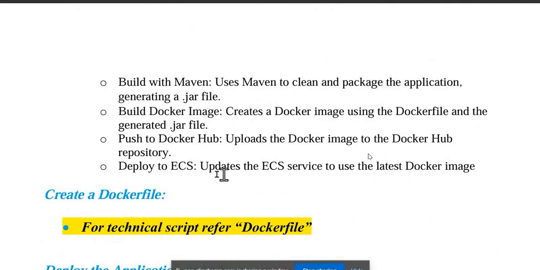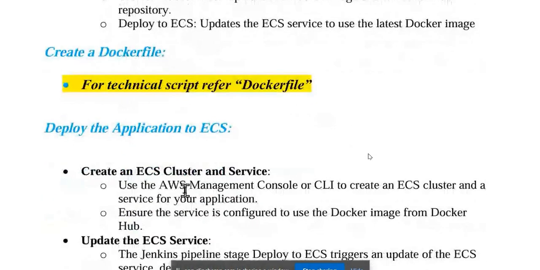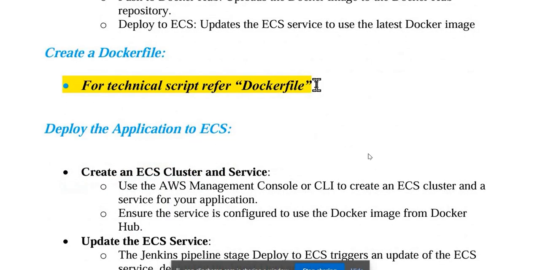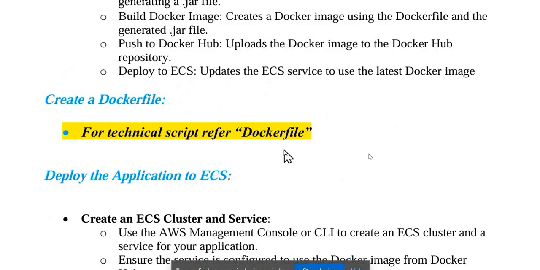Next, you can deploy it on Elastic Container Service, or you can directly deploy it on a server by installing Docker. For that, we must first write the Dockerfile, and by referring to this Dockerfile, it will build the Docker image.